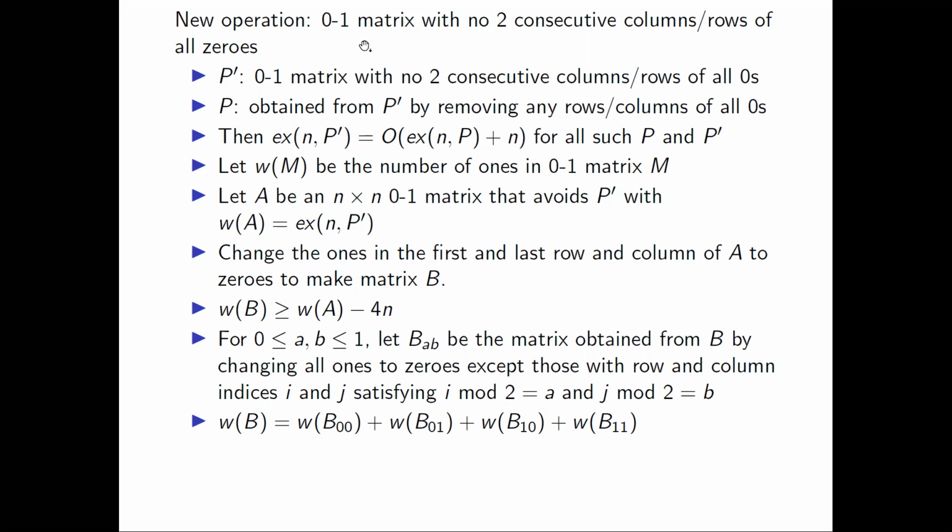And most importantly, we can use the fact that B contains BAB for each A and B, and A contains B. So we obtained B from A just by turning some ones to zeros. We obtained BAB from B just by turning some ones to zeros. So A contains B, B contains BAB, which means A contains BAB.